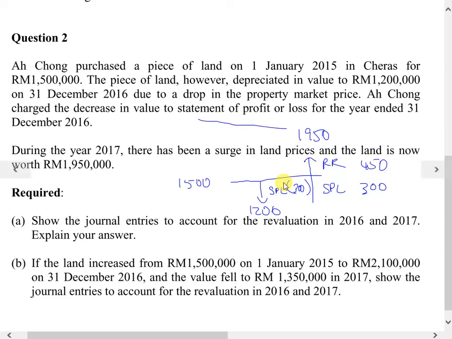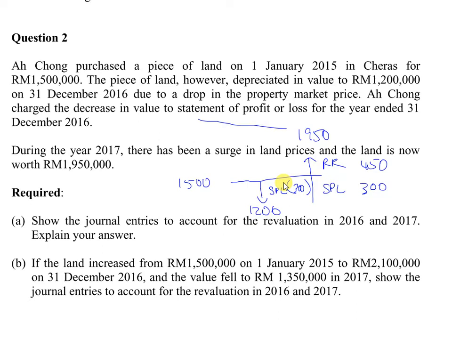In 2017, there has been a surge in the value of the land to 1.9. You bought at 1.5, it went down, and now it increases even higher than 1.5. So from 1.2 it increases to 1.9. How much goes to SPL? 300, because last time I charged 300 expenses, so the maximum income is 300.